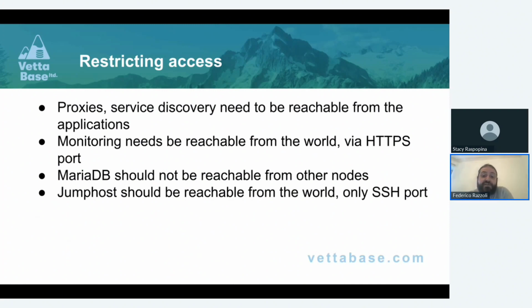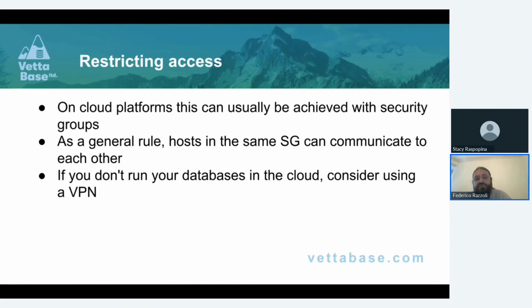MariaDB shouldn't be reachable from any other node, and jump hosts, of course, should be reachable from the whole world, but only via the SSH port. So how can you do this in practice? Well, I suppose that most of you are on the cloud. So usually cloud platforms support security groups.